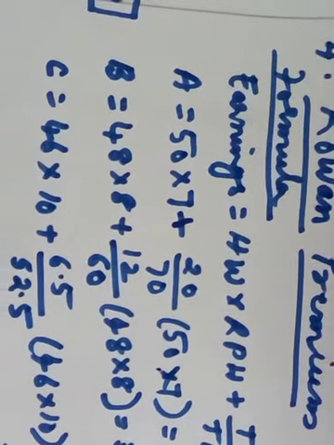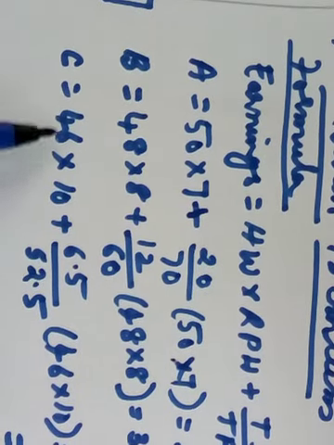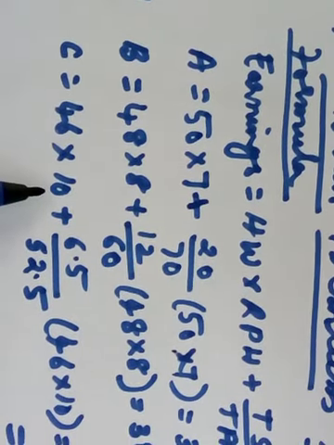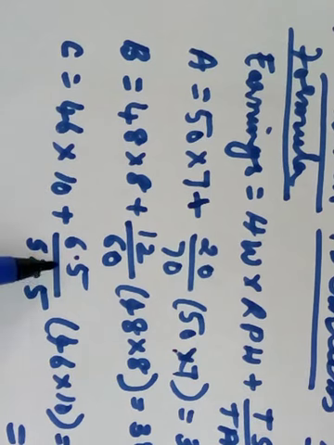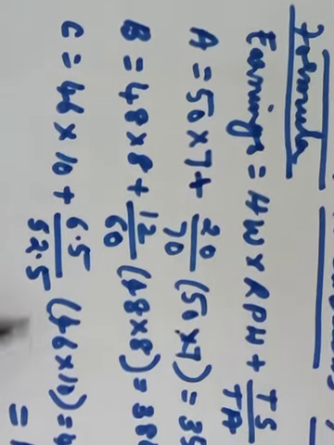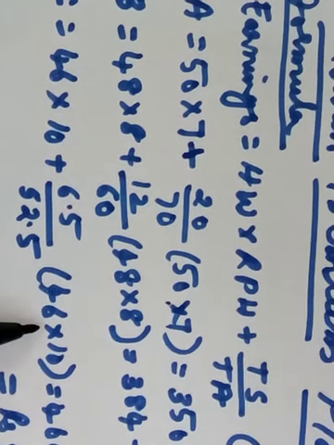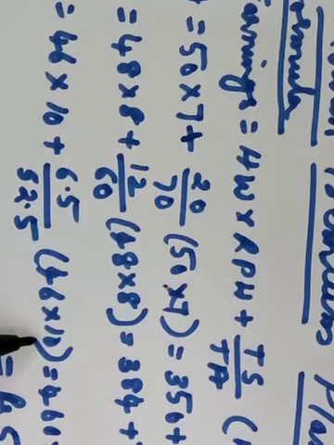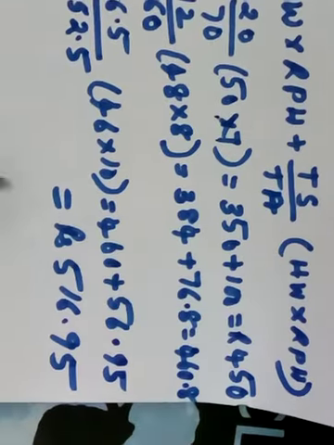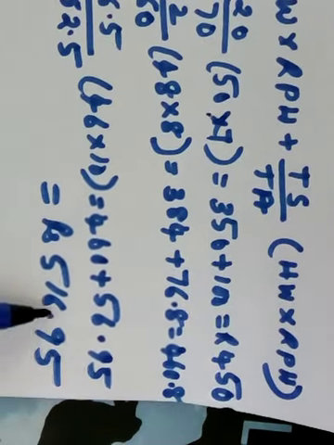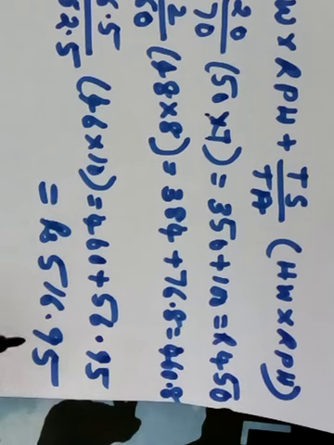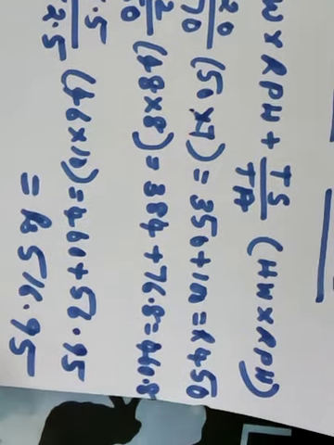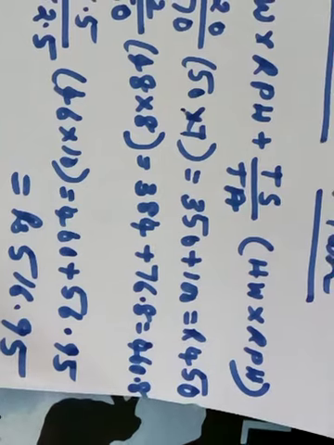And C's earnings: hours worked is 46 into rate per hour 10 plus time saved 6.5 by time allowed 52.5 into hours worked 46 into rate per hour 10. So this comes to 460 plus 56.5, and the total earnings comes to rupees 516.95. So this is how the calculation is done in case of Rowan premium plan.